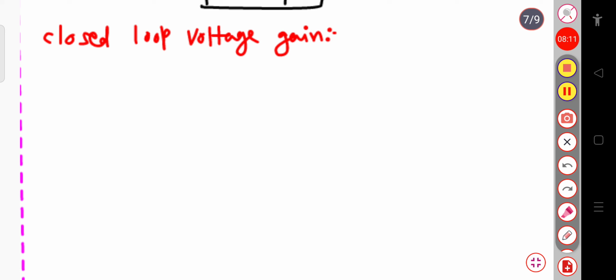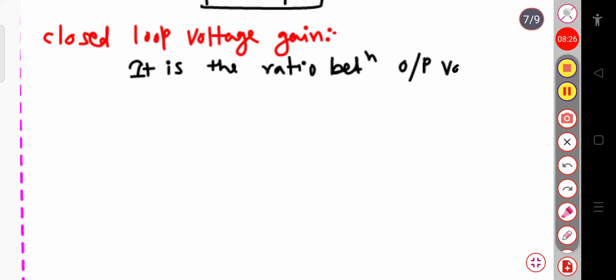So the closed loop voltage gain is the ratio between the output voltage, that is your VO, to the input signal.